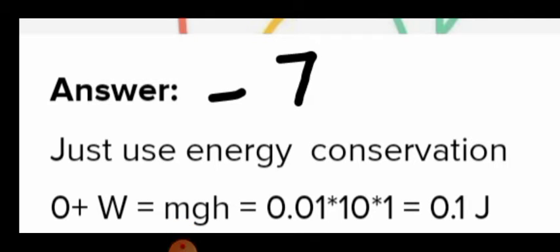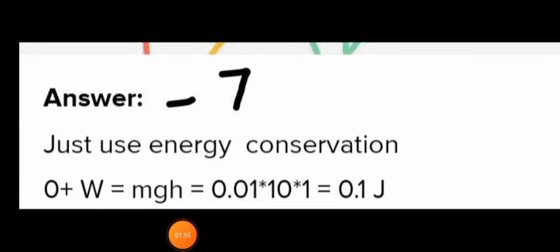What is energy conservation? Work is nothing but the energy. Potential energy is there, isn't it? What is the formula for potential energy? mgh. The formula for potential energy is mgh.